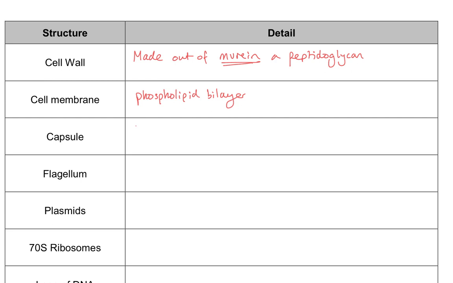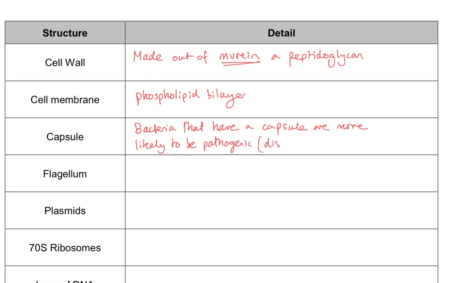So we're just going to put here that bacteria that have a capsule are pathogenic, which is disease causing. So you see pathogen at GCSE.